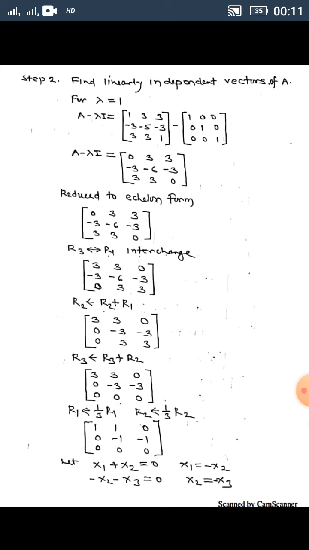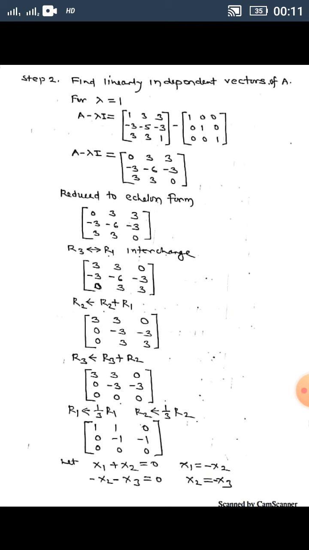Now in R2 we perform the operation R2 plus R1. So we get R1 as it is, 3, 3, 0. In R2, 0, minus 3, minus 3. R3 as it is, 0, 3, 3. Now again we perform R3 plus R2. So we get R1 as it is, 3, 3, 0, and R2 as it is, 0, minus 3, minus 3.